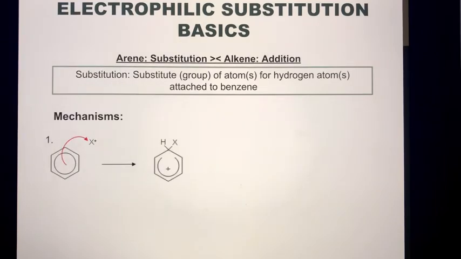So the mechanism is first, see number 1. There's an electrophile here. It has a positive sign to show that there's an electrophile attack. Because there's an electrophile attack, the benzene would be too generous and give the electrons away to the electrophile. Instead, they will form an intermediate here.